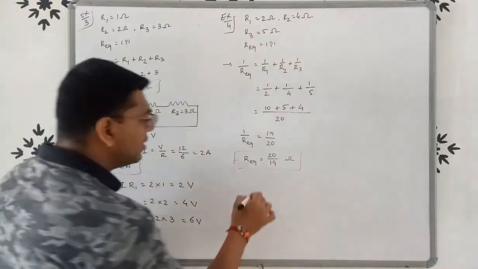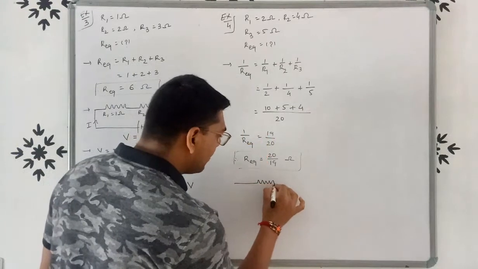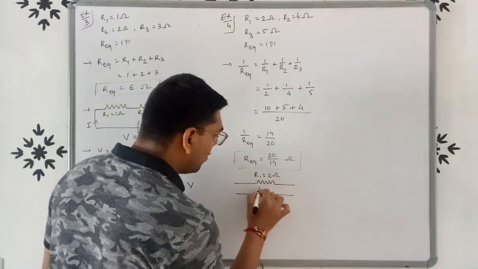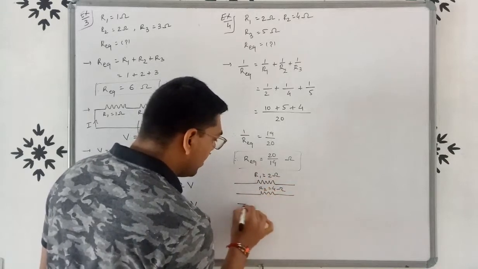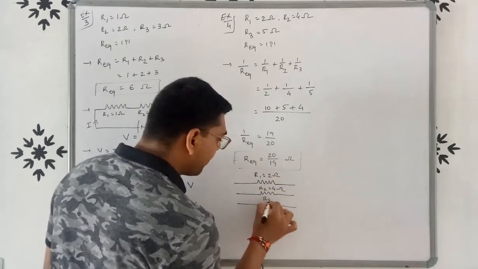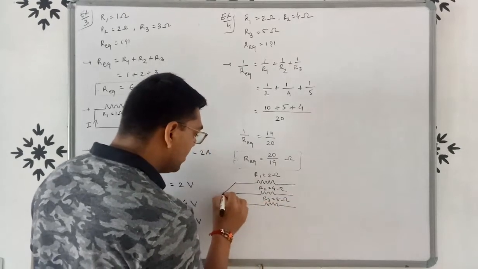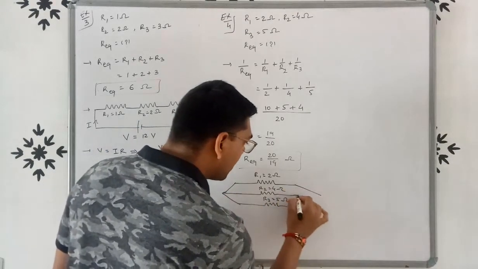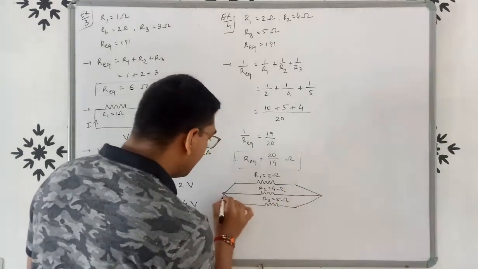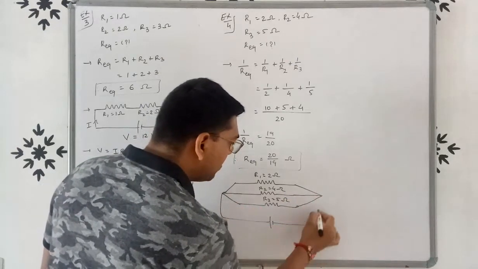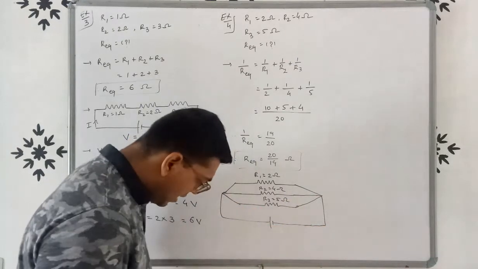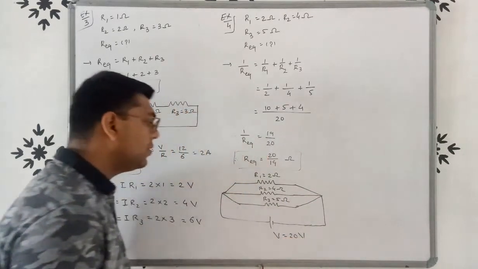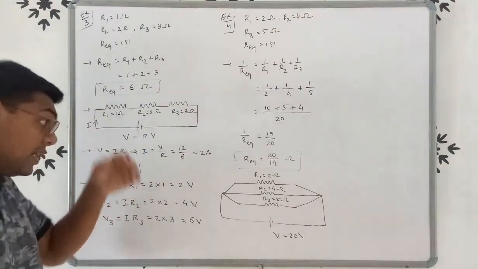So here these resistors R1, which is 2 ohm, R2 4 ohm, and R3 5 ohm, are connected in parallel with a battery having potential, or we can say EMF, of 20 volt. So V is equal to 20 volt. So here we have to find out the current.